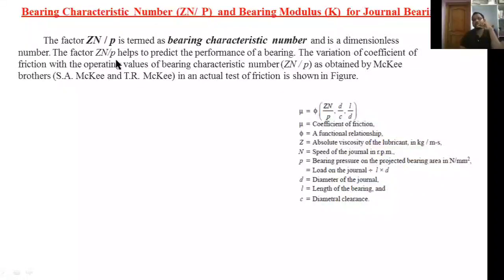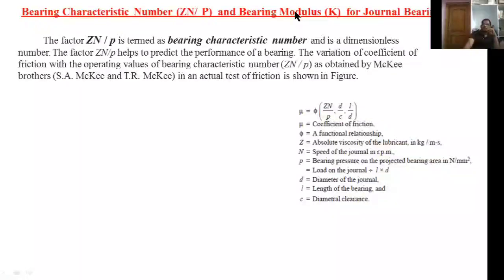The factor ZN by P helps to predict the performance of a bearing.